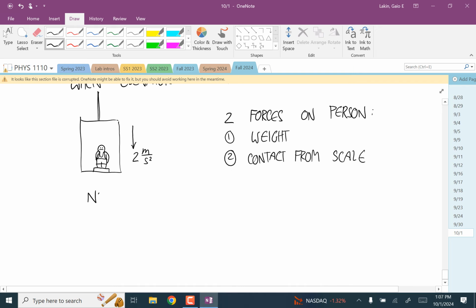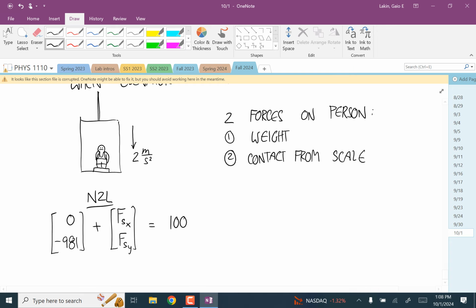Newton's second law says the weight force, 0, negative 981, plus the force from the scale, Fsx, Fsy, those are all the forces acting on the person, and that's equal to the mass of the person, 100, times the acceleration of the person.